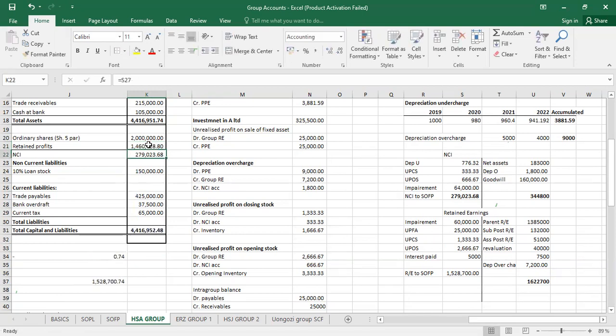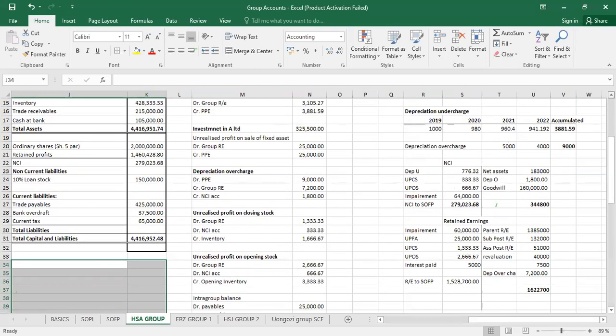The reason I'm telling you that way is you don't have to waste time trying to find out this one. You just work on the NCI. After you finish the NCI, don't go to do retained earnings, isn't it? Because retained earnings will take a lot of time.